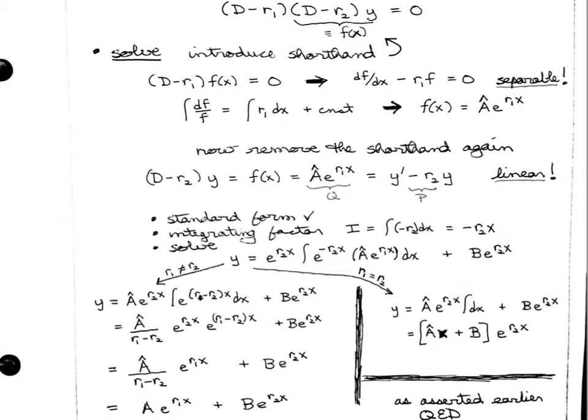So to find the integrating factor, we need to say that I is going to be the integral of negative r2 dx, so that's just negative r2 times x, and we can solve this differential equation for y.